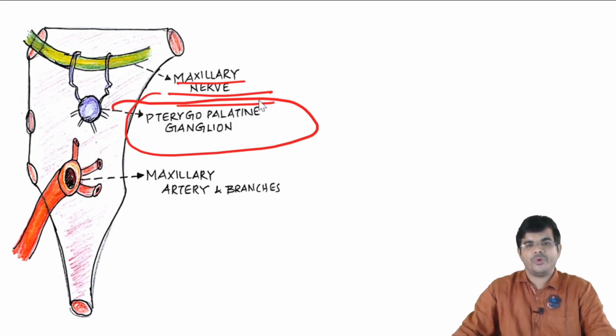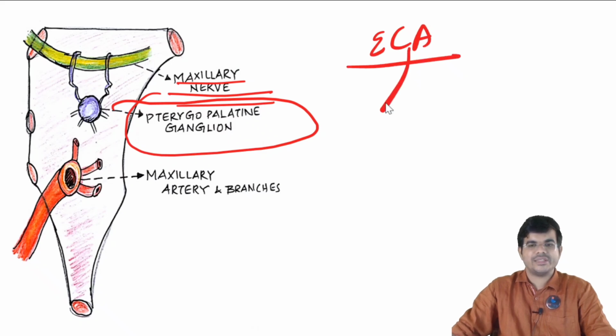And so you have external carotid artery and its branches, that is maxillary artery and facial artery.